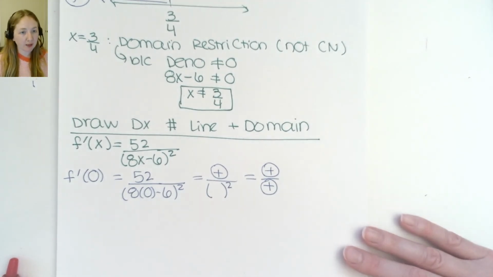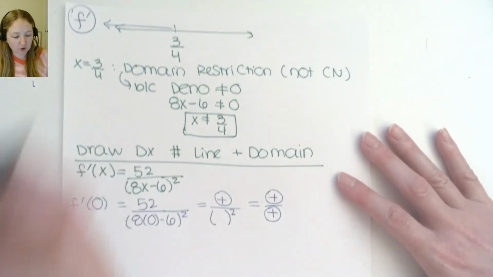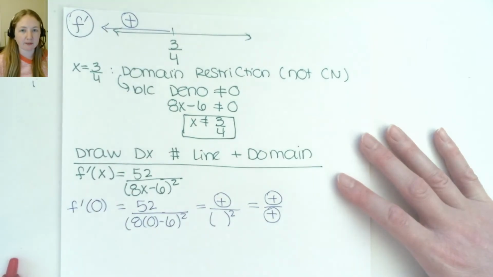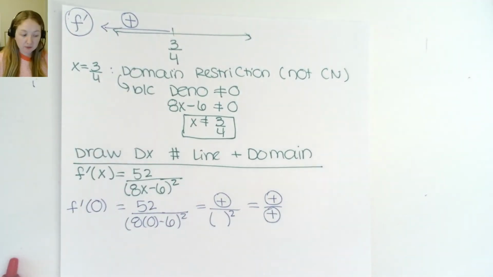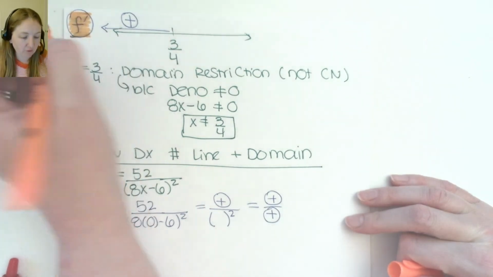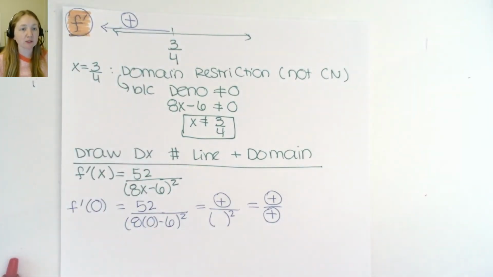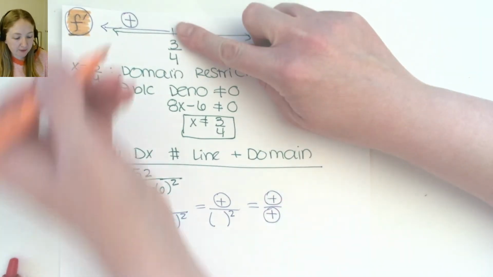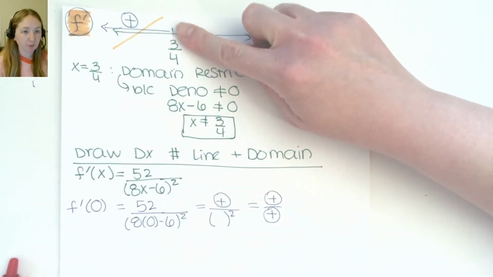So you have a positive over a positive, which will of course give us a positive. Now, because we are working with the first derivative, remember the first derivative tells us information about increasing and decreasing. So this positive is telling us that we're going up the hill until 3/4.